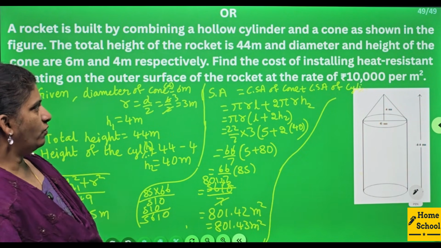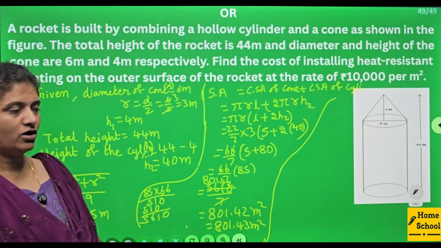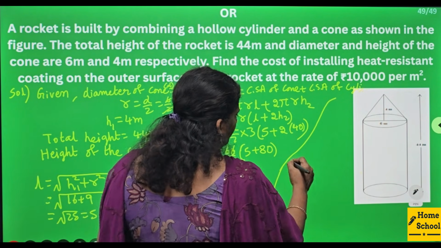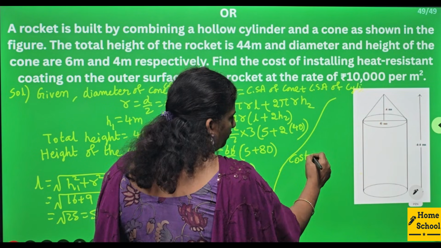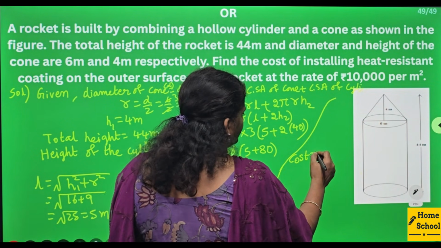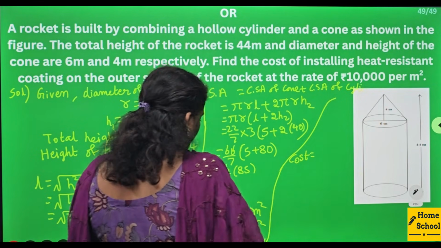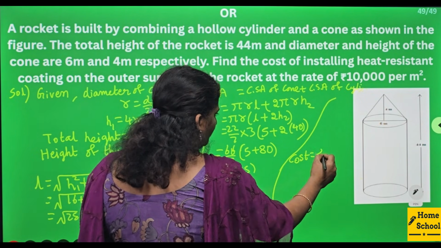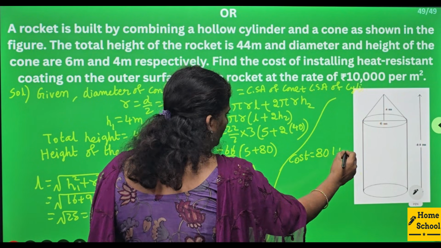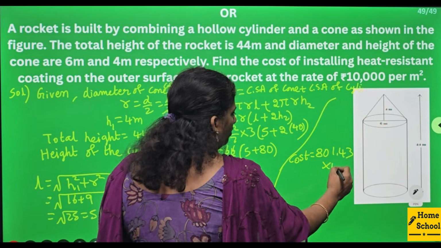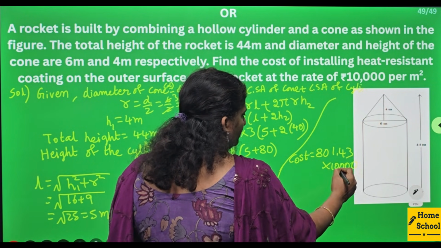Now next question. What is the cost of this? We got only the surface area. We need to find the cost of this area. That is, cost is equal to 10,000 rupees per meter square. So the area what you have? 801.43 into 10,000. Right?